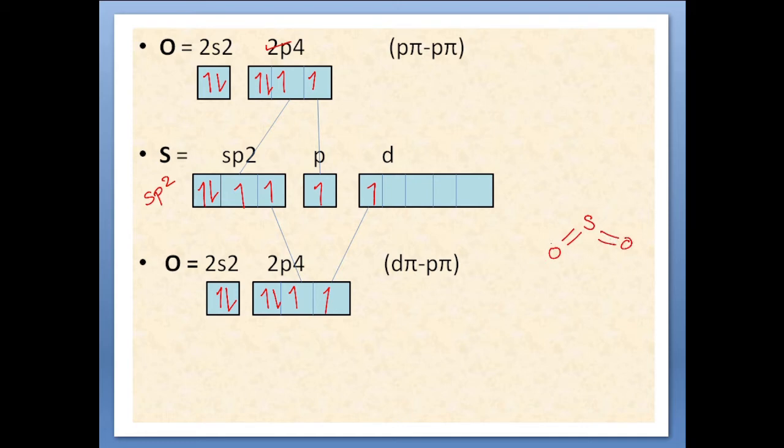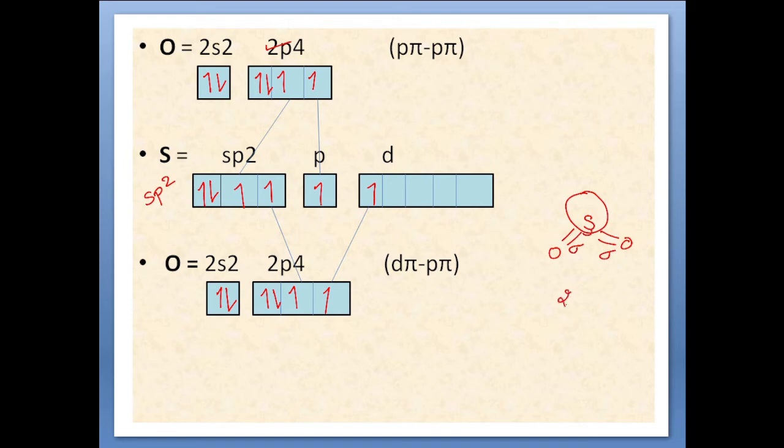The sulfur atom: the two hybrid orbitals containing two unpaired electrons share with two oxygen atoms to form two sigma bonds. So one is a sigma bond and another one is a sigma bond.